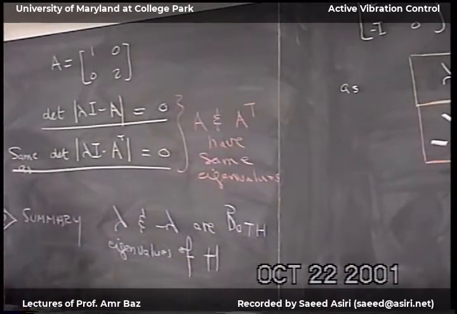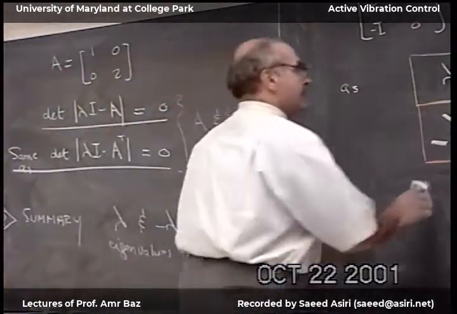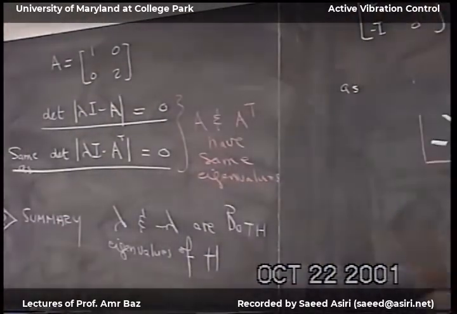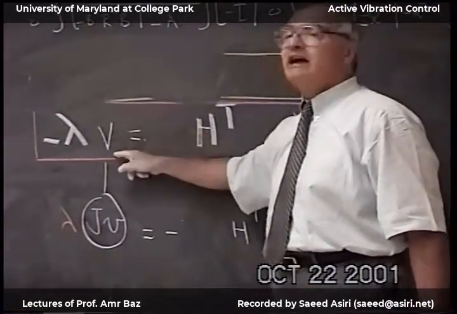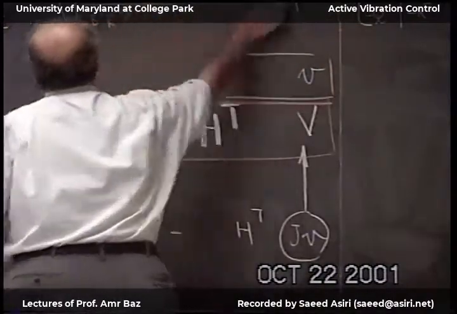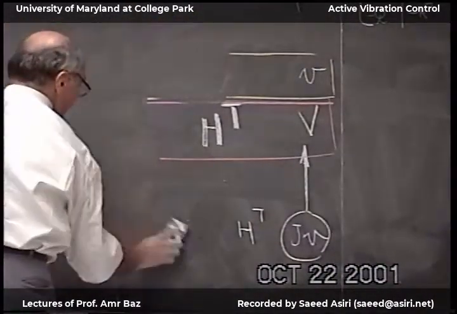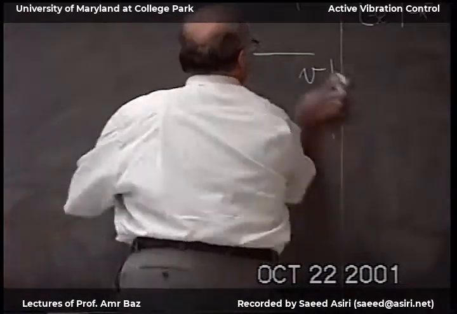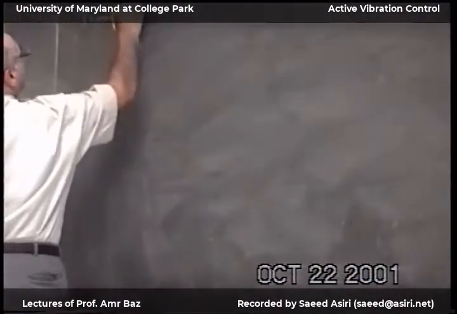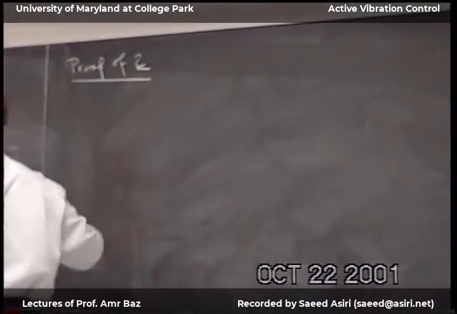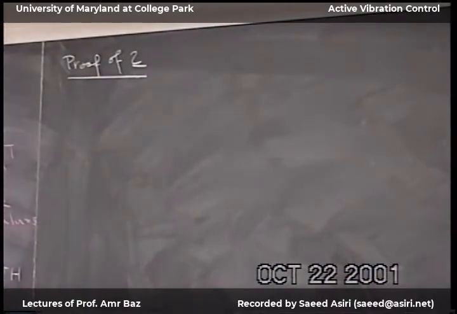Okay. So this is the first item. Second item now. Of course, the positive and negative eigenvalues have different eigenvectors, V and cap V. Again, if you remember, this was given like this.